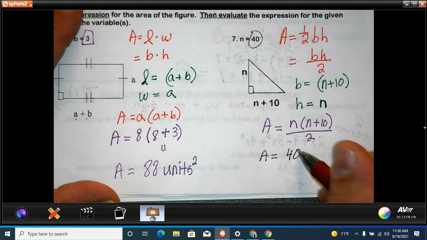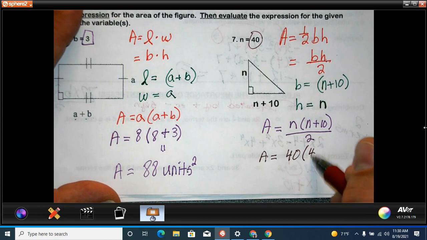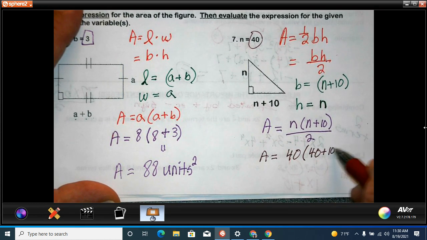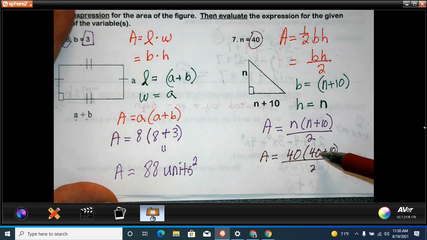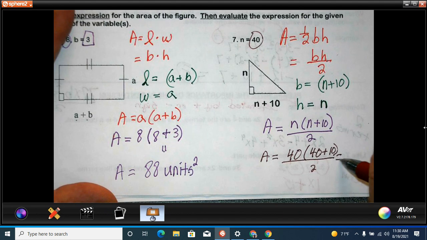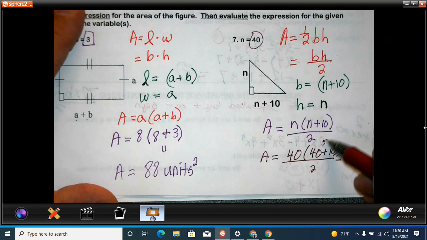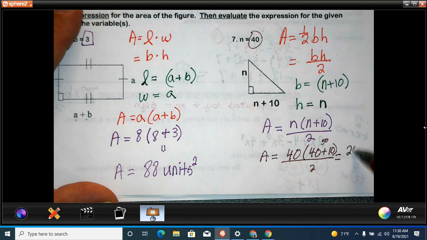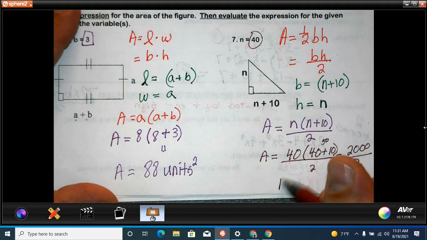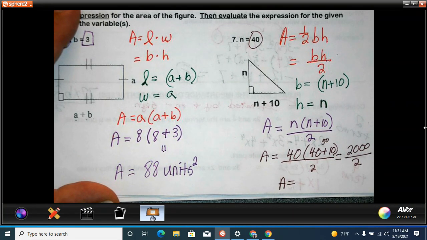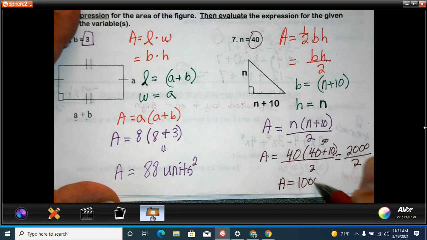So I have 40 times 40 plus 10, all divided by 2. So 40 times 50, this is 2,000 divided by 2. So my area equals 1,000 units squared.